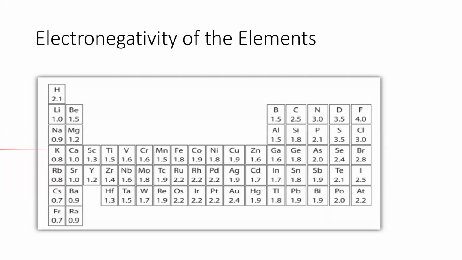This one has satisfied its octet, and this one too has satisfied its octet, so there's nothing they can do. They will just be there. But if this one has not satisfied its octet, and this also has not, then when you put them together they will bond so that they can satisfy their octet. Do you get it? Yes, sir. Good.